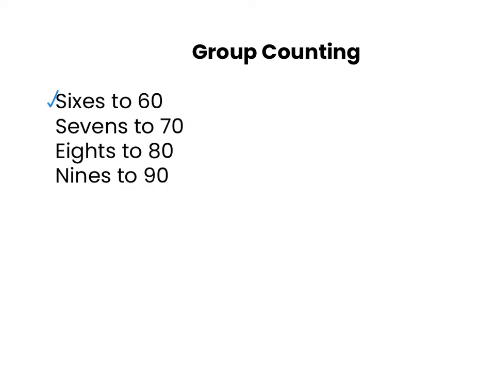All right, good work. Let's move on to 7s. As usual, if you were not comfortable with that, I want you to stop and practice it a few times. But we will move on in the video to the 7s. Here we go. 7, 14, 21, 28, 35, 42, 49, 56, 63, 70.